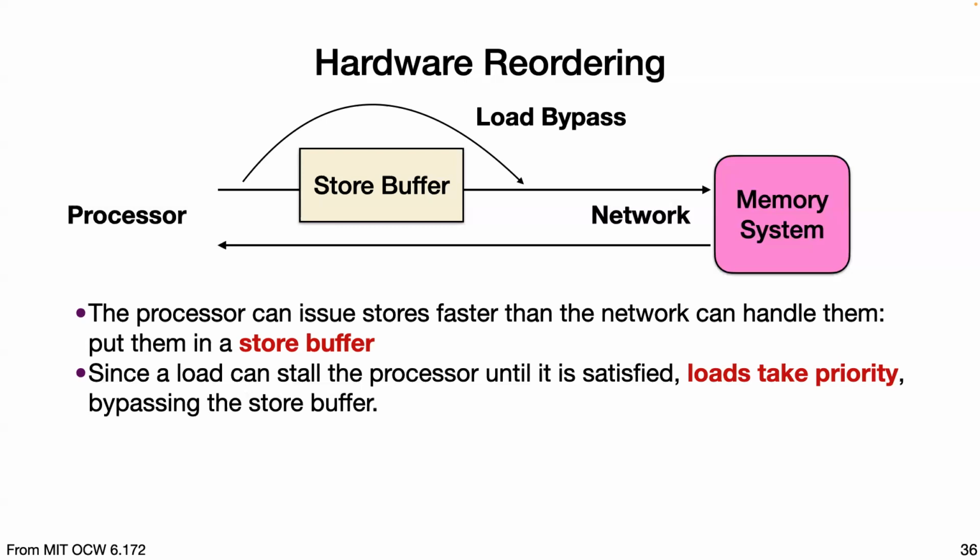So you can see the loads may bypass the stores, and this is how you get the out of order execution. Because if the load and store are not dependent, then there's no reason that the load should have to wait.